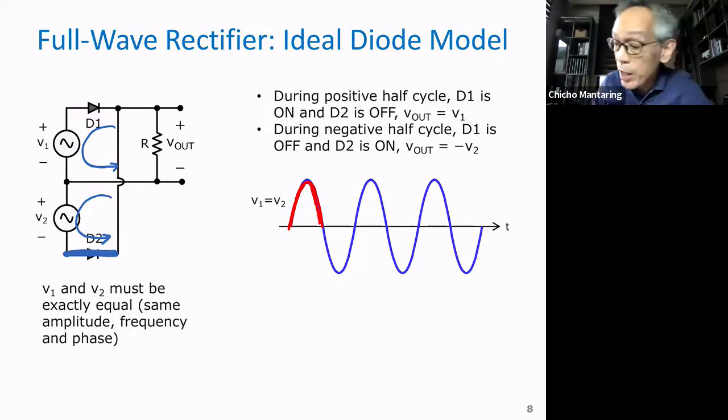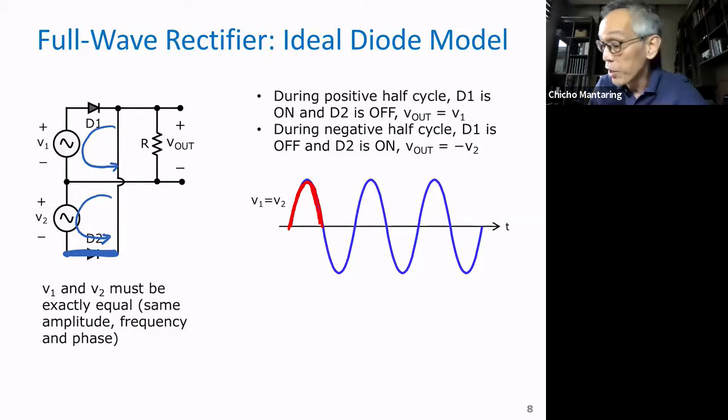Now take a look at how D2 is connected to V out, no? Yung positive terminal ng V2 is connected to the negative terminal of V out, and yung negative terminal ng V2 is connected to the positive terminal of V out. Meaning to say V out is the negative of V2.